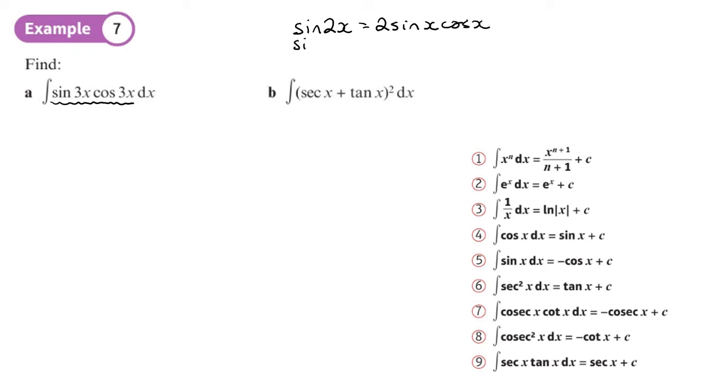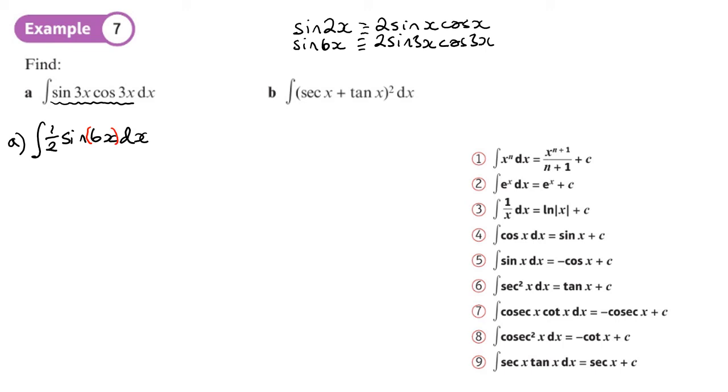So sine 6x is going to be 2 sine 3x cos 3x, which means if I divide both sides by 2, this integral becomes half of sine 6x, which we can integrate using reverse chain rule because the inside is linear.